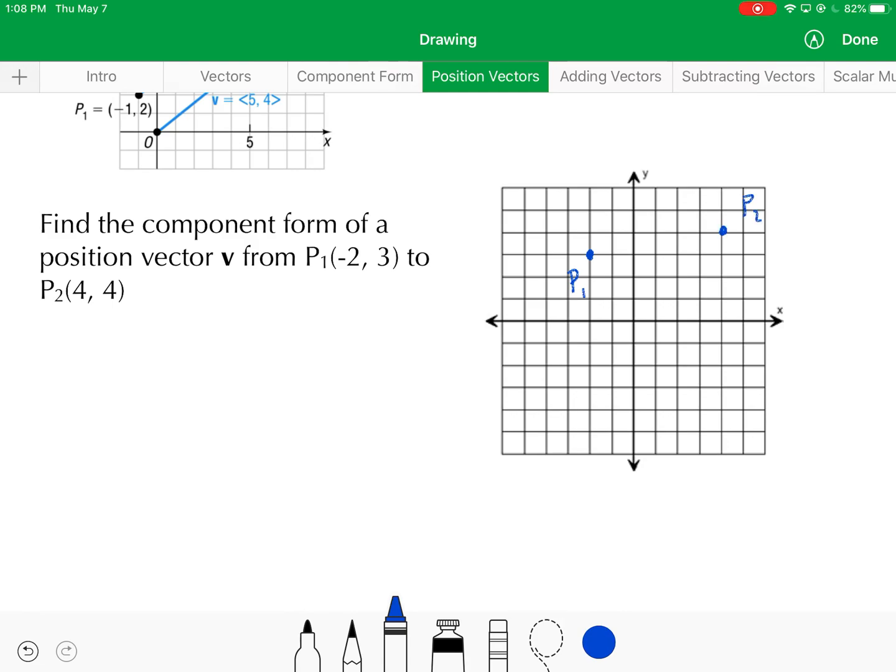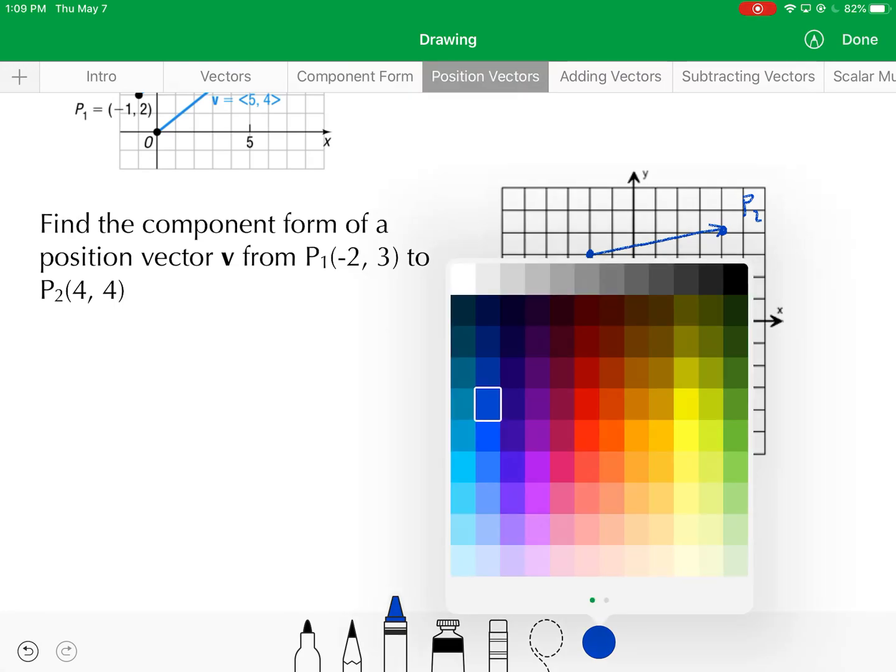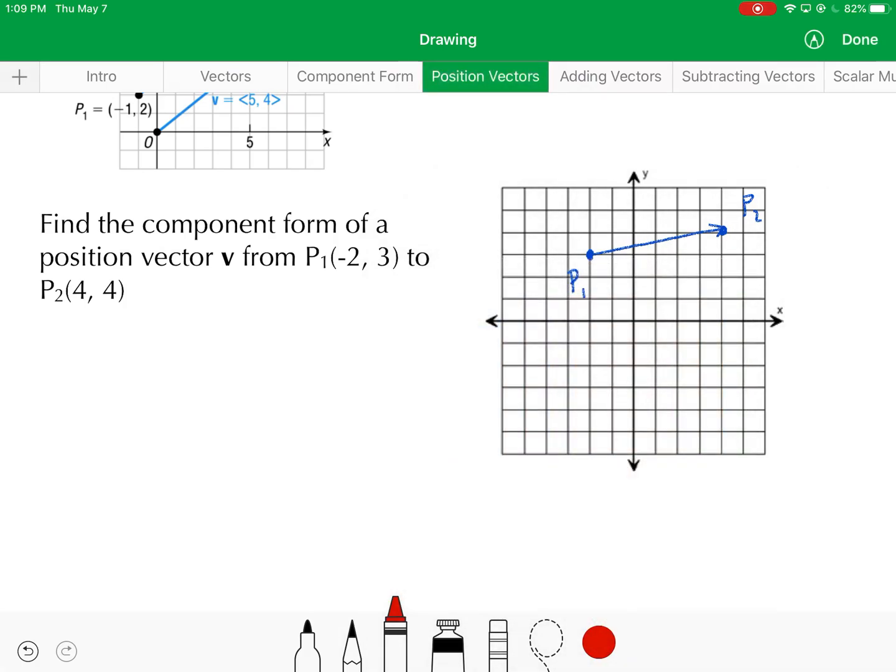Okay, and we're going to draw our arrow pointing from point 1 to point 2. So notice this is, of course, not a position vector since the initial point is not at the origin. Okay, it has a horizontal component of 6 and a vertical component of 1.